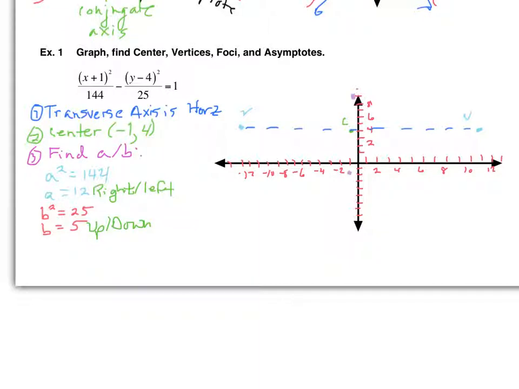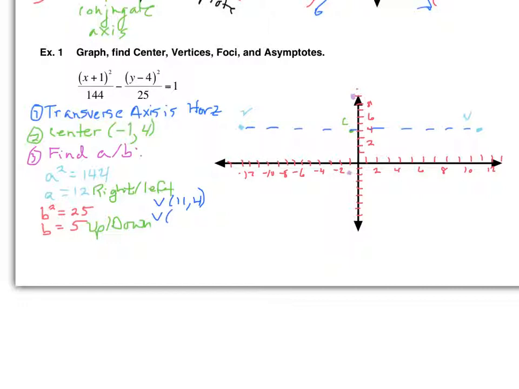And so before we connect and make our rectangle, let's name our vertices. So our vertices are only the two that are on the transverse axis. So what's this vertex to the right of center? What's that ordered pair? 11, 4 is correct. So we have one vertex that is 11, 4.